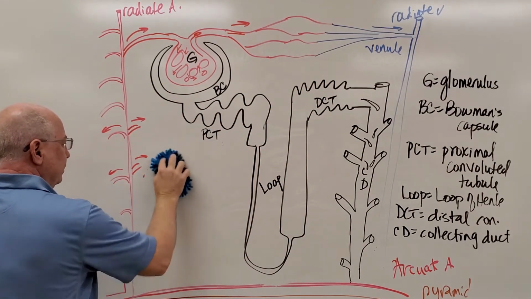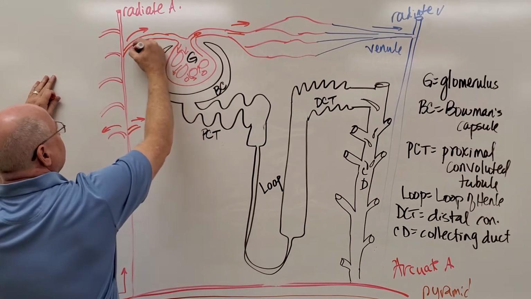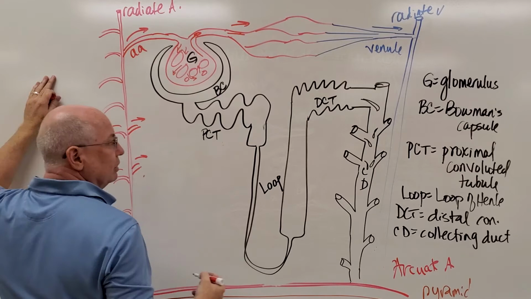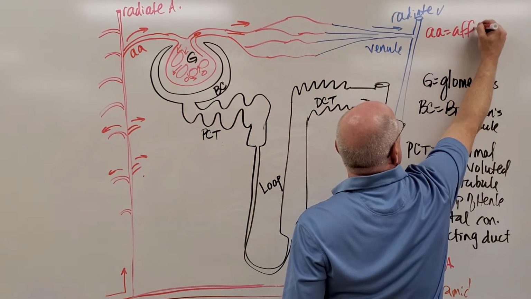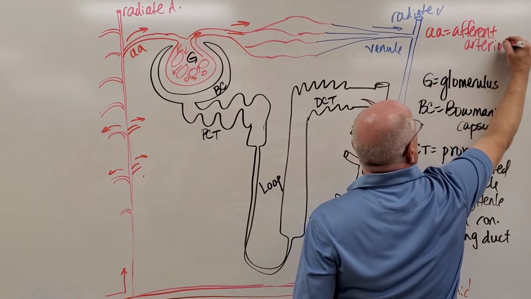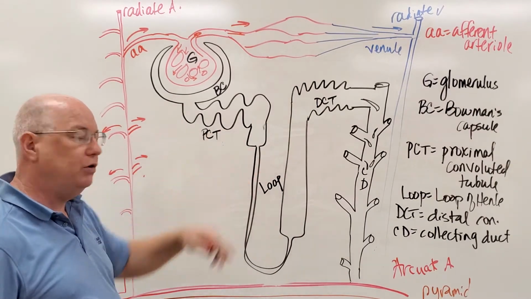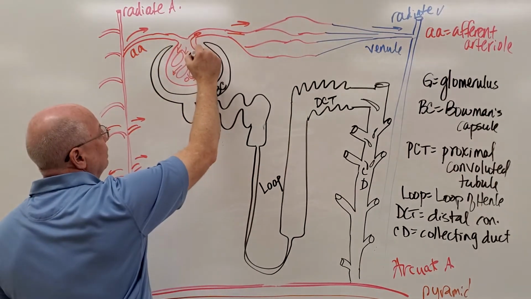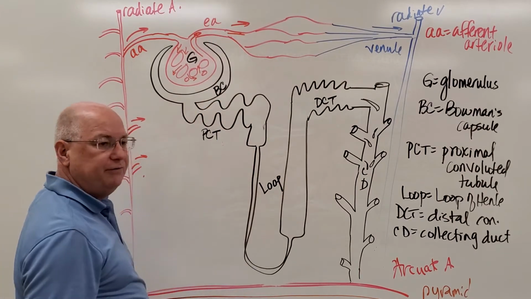So here's a few of the other names of structures that you need to know. This blood vessel coming into the glomerulus is the afferent arteriole. And if you remember from part 1 A and P, afferre means to carry towards. It's going to carry blood to the glomerulus, and out of the glomerulus, we're going to have the efferent arteriole.